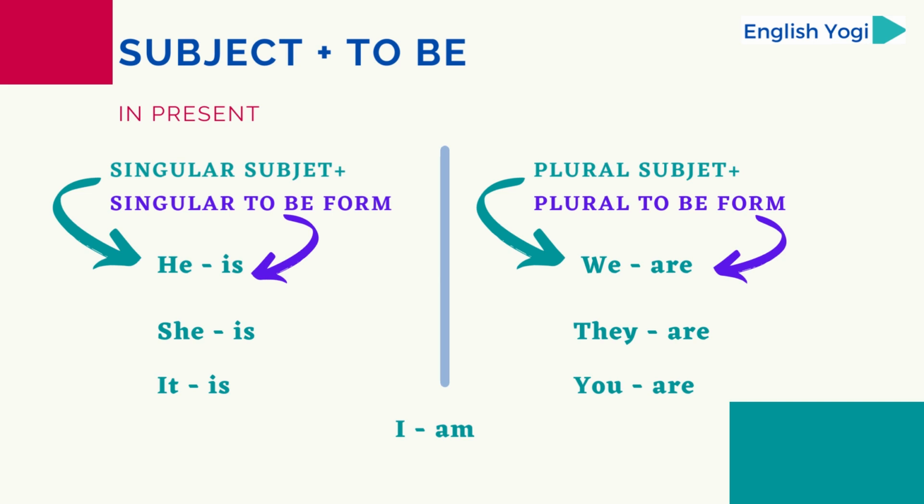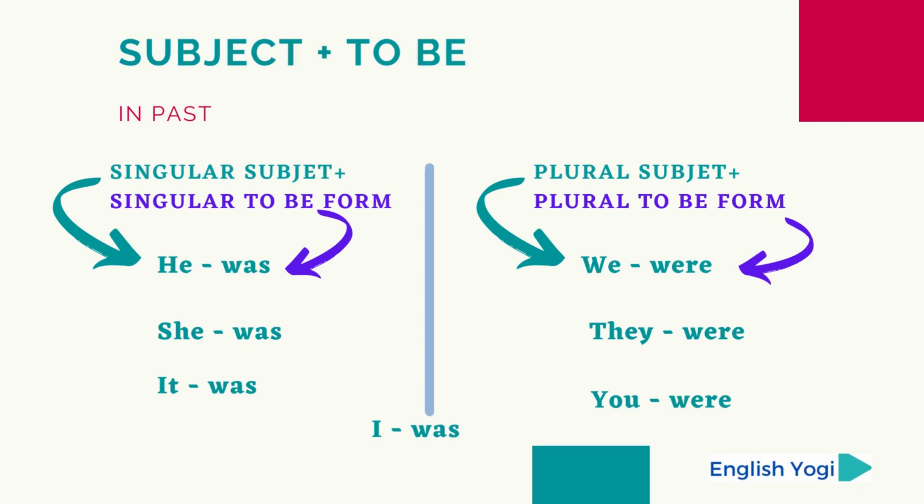And what are the plural subjects? We, they, and you. With these we have to use the plural to be form of the present, and that to be form of present is are. And we have also discussed one basic exception to this rule: with I we have to use am. So this is also one of the rules.